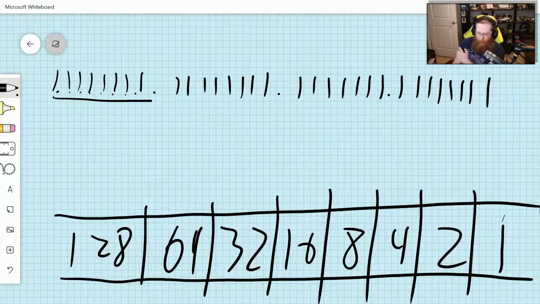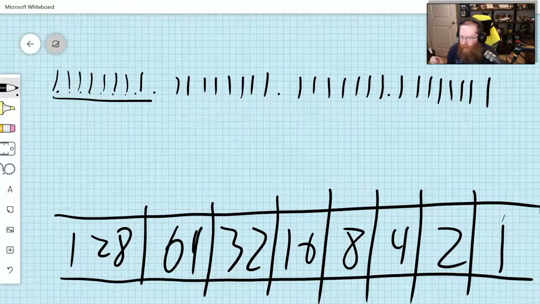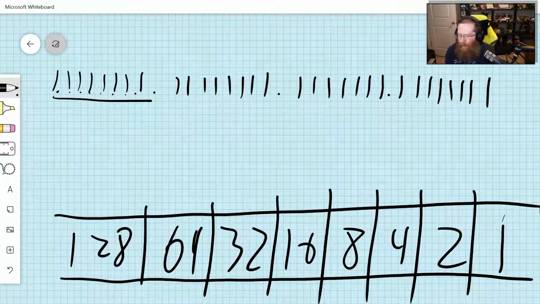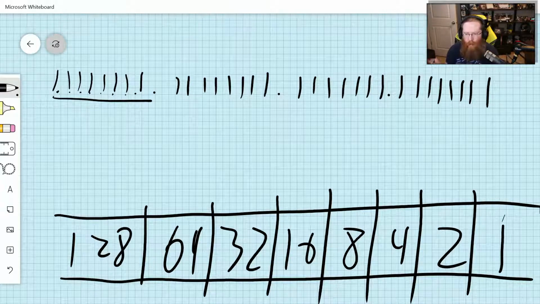Those directly correspond to the positions that we're going to see up above. And with these 8 numbers, we can determine any IPv4 address that's in that octet. Okay?